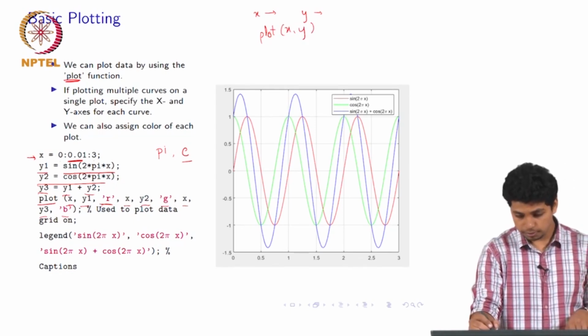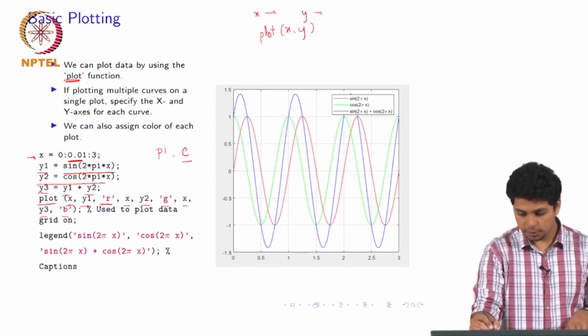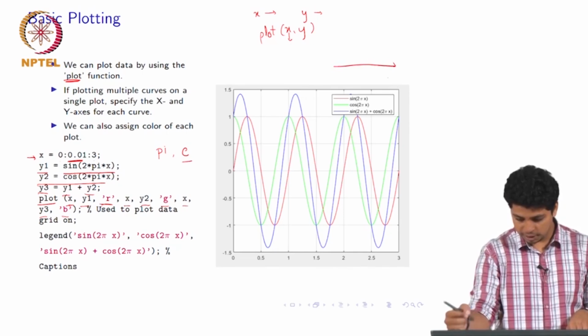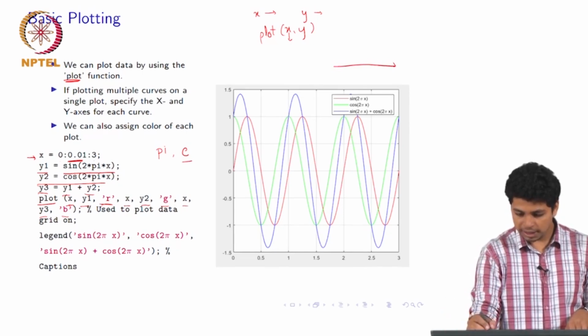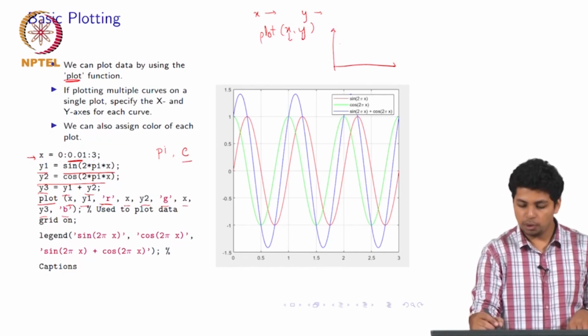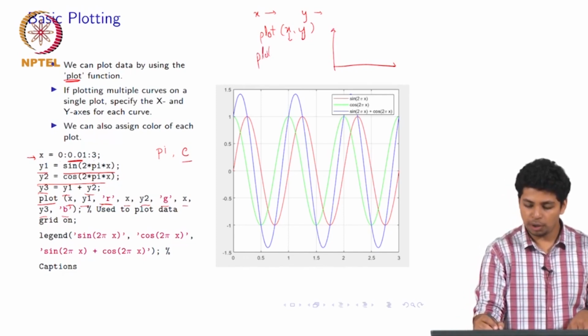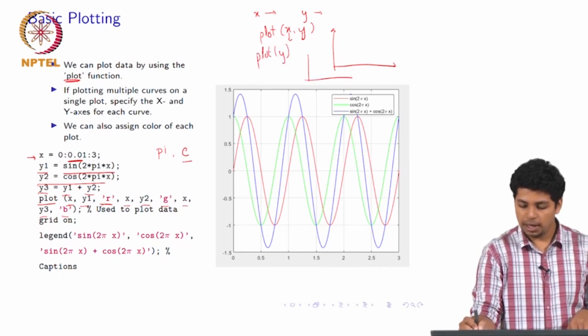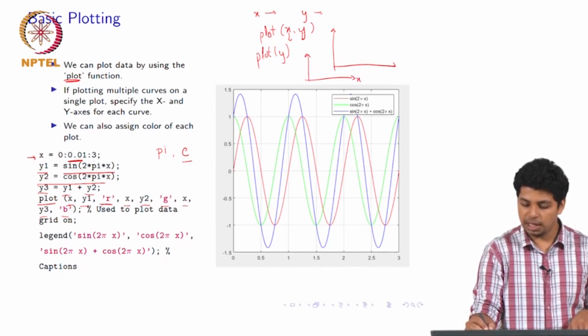Matlab will by default consider the first variable to be on the x axis in the display, and the second variable on the y axis. If you only put plot y, it will just plot the values of y, and on the x axis it will just display the number of points, or the index of the points. So if you have 100 values, it will just display 1 to 100.